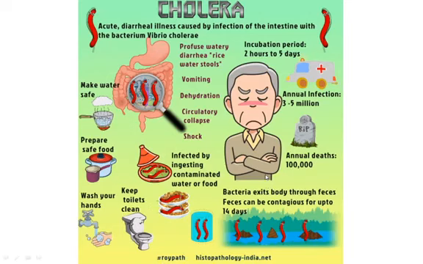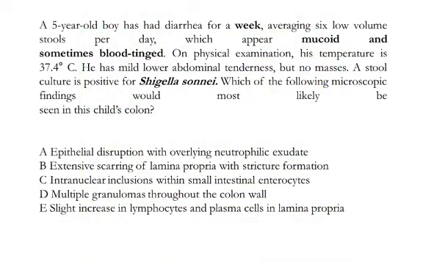Okay, next story. A 5-year-old boy has had diarrhea for a week, averaging 6 low volume stools per day, which appear mucoid and sometimes blood tinged. On physical examination, his temperature is 37.4.